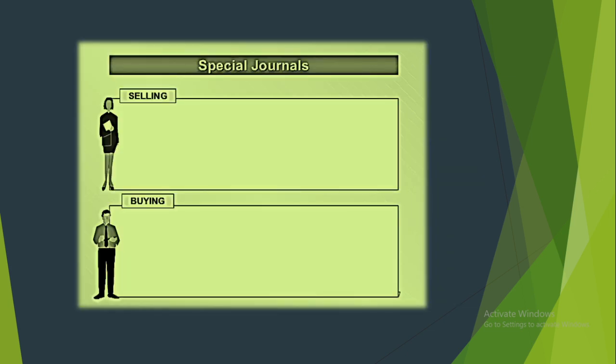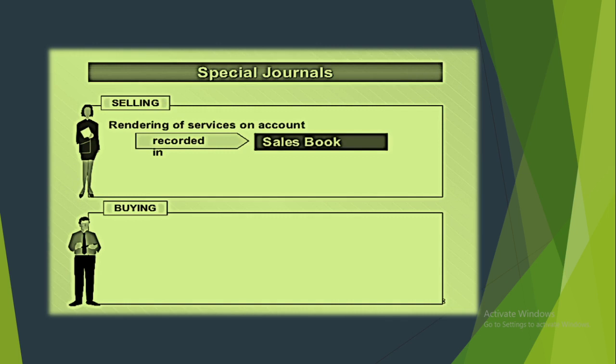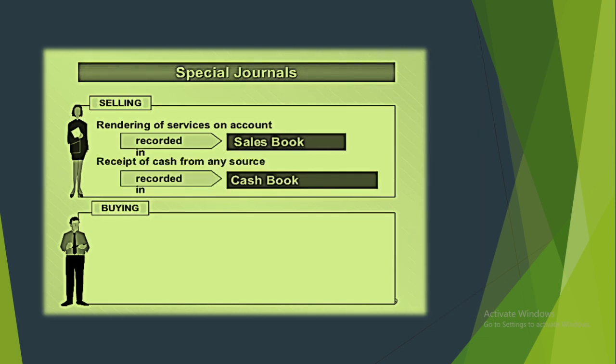So a subsidiary book is a special journal, like selling and buying. Selling is related to the sales book, and selling or rendering of services on account is recorded in the sales book. Another aspect is the cash book.